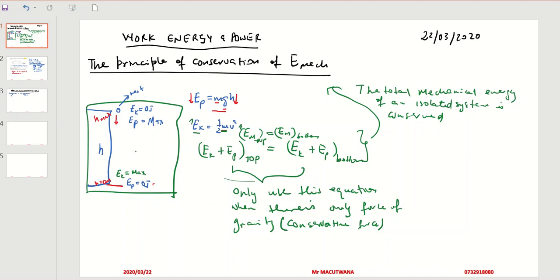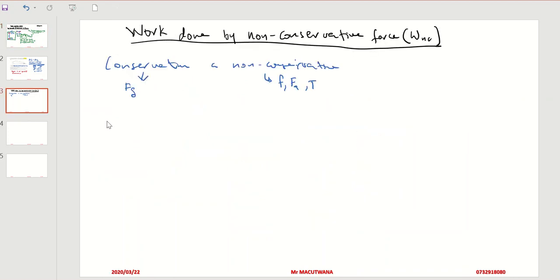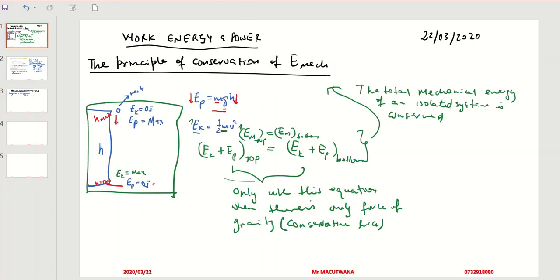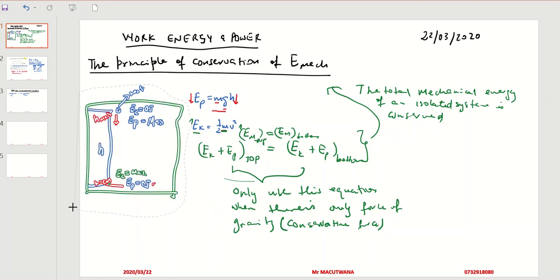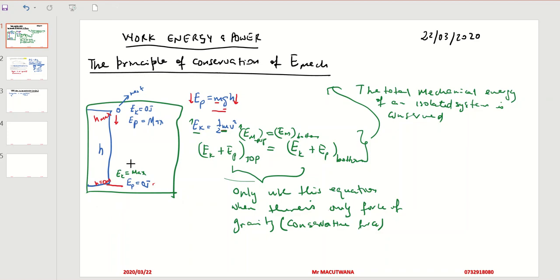Let's take this very same scenario, for instance. Let's just copy this diagram to save time.